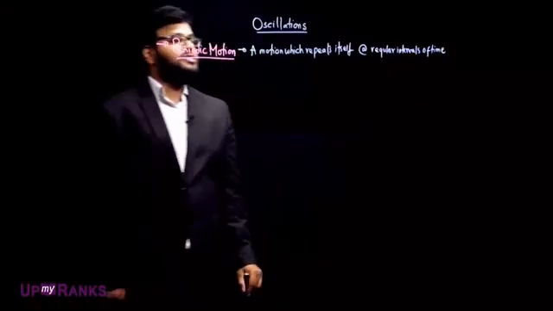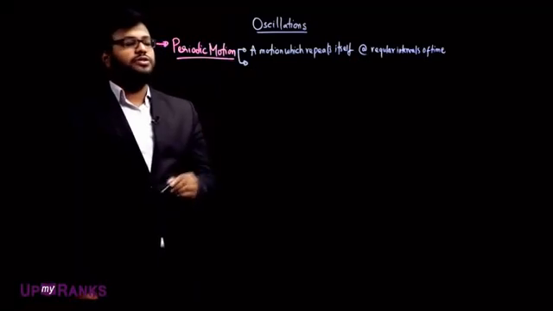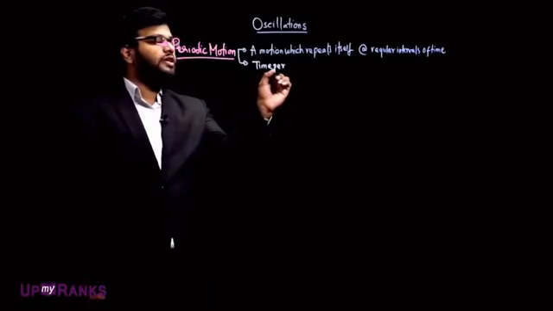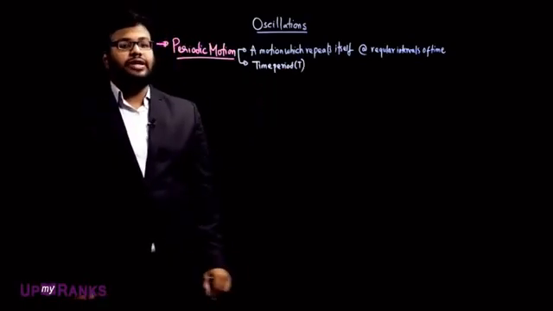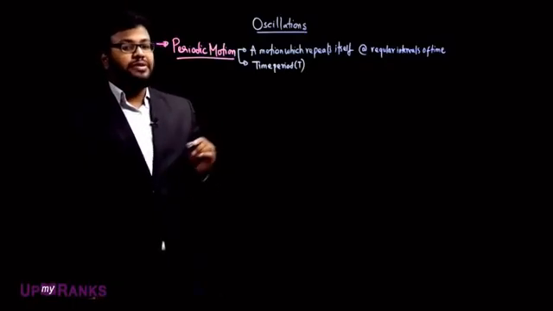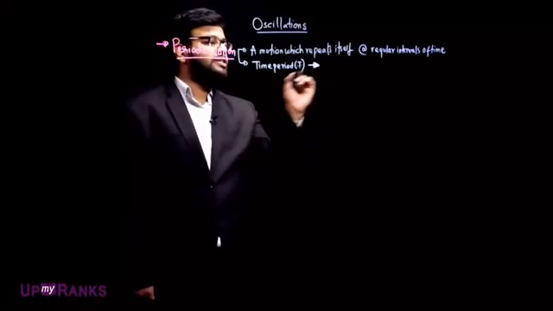And then what is a time period here? When we say periodic motion, we define some terms like time period and frequency. Now what is the meaning of time period? Time period means the smallest time after which it repeats its cycle.